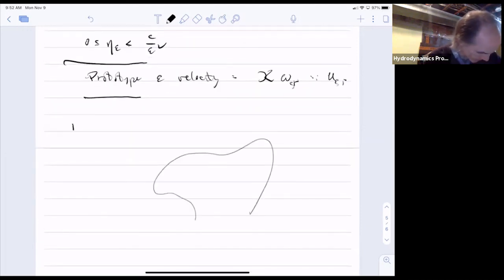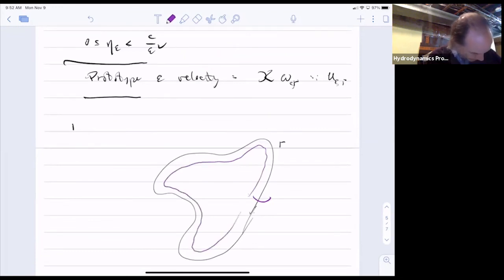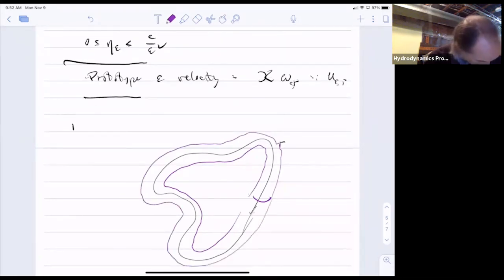So here's the curve gamma. And then there's some tube around gamma, a tube of thickness epsilon. The vorticity in gamma has a direction given by the direction of the parameterization.